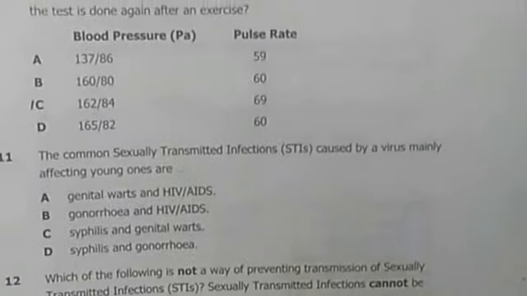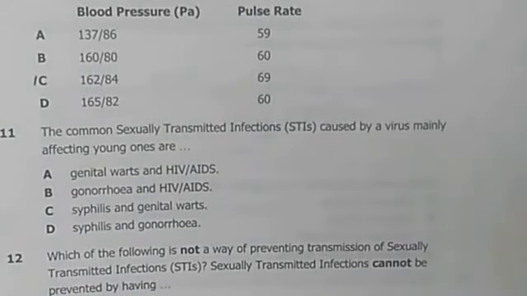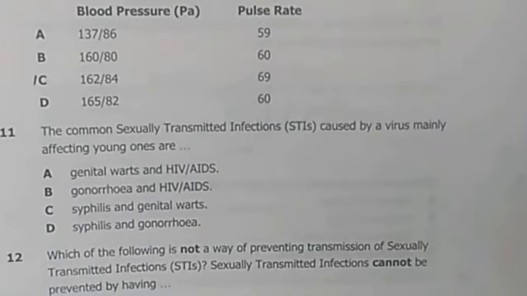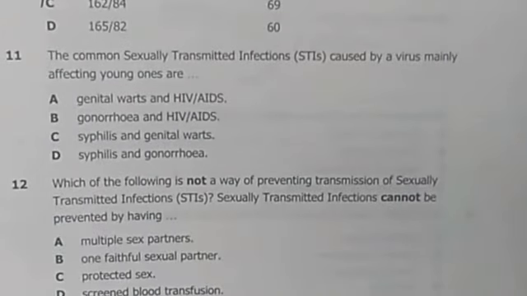Question 11 is: the common sexually transmitted infections, STIs, caused by a virus mainly affecting young ones are: genital warts and HIV/AIDS, gonorrhea and HIV/AIDS, syphilis and genital warts, syphilis and gonorrhea.